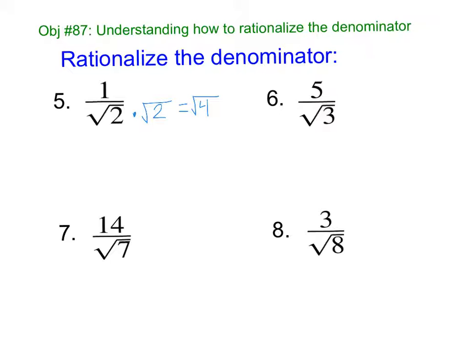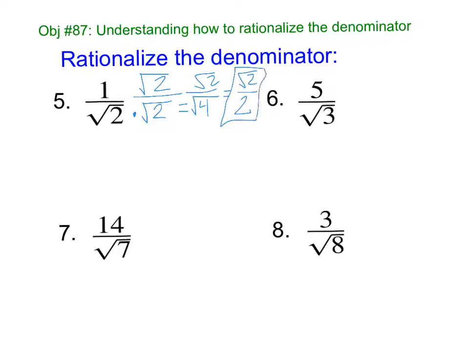Do we know the square root of 4? We do. The square root of 4 is 2. So we're going to multiply it by itself. But it's a fraction, right? You can't just magically multiply. So whatever you do to the bottom, we have to do to the top. So 1 times the square root of 2 is the square root of 2. So the answer is the square root of 2 over 2.